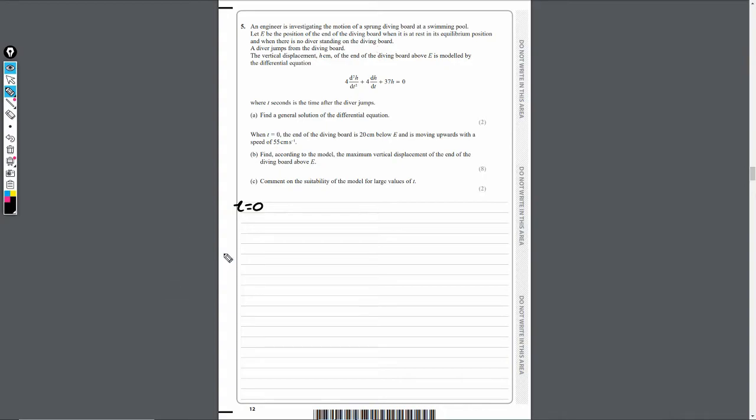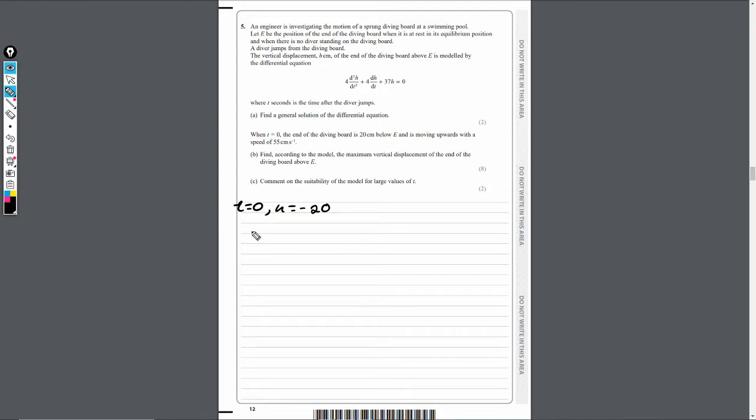So if t is equal to 0, what that's telling us is that h must be minus 20. Okay, so it's 20 centimeters below E. Okay, so minus 20. Well, if I know this, t is equal to 0 and h is equal to minus 20, all I've got to do now is use my general solution to obtain a value for A, and then using A we can then work out B as well.